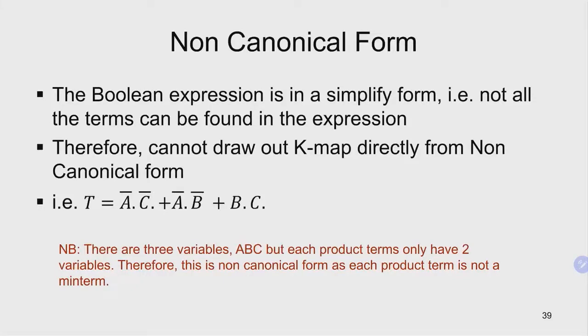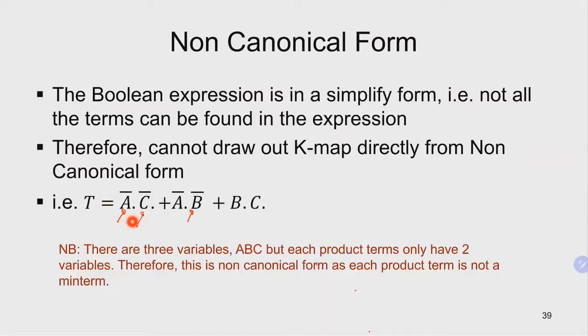For example, in this expression we have A bar and C bar, OR A bar and B bar, OR B and C. We can see we have an A variable, a B variable, and a C variable, so there are 3 variables in these expressions, but each product term doesn't contain all 3 variables.